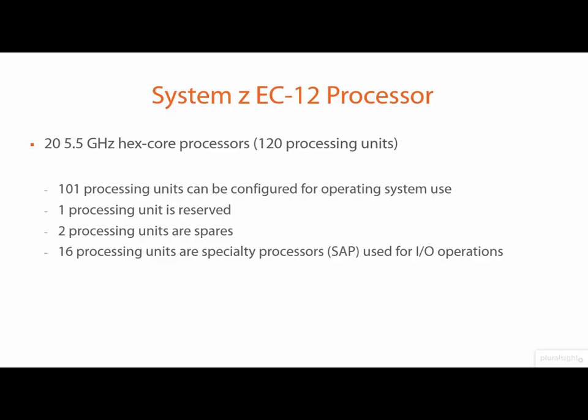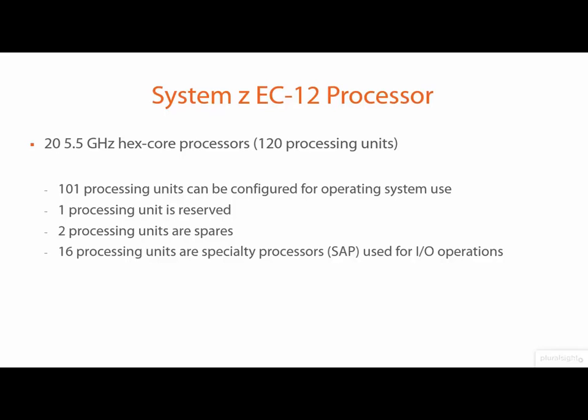Each processor is responsible for executing an instruction stream, so we can see that with this configuration, up to 101 units of work can execute simultaneously. This dramatically improves throughput by allowing more work to run in parallel, thereby minimizing the amount of time that ready work has to wait for a processor to become available.